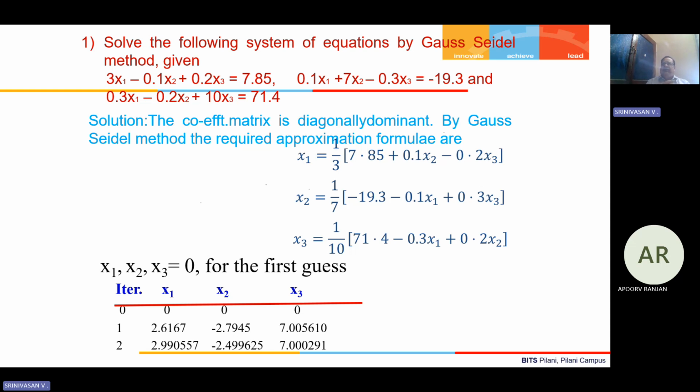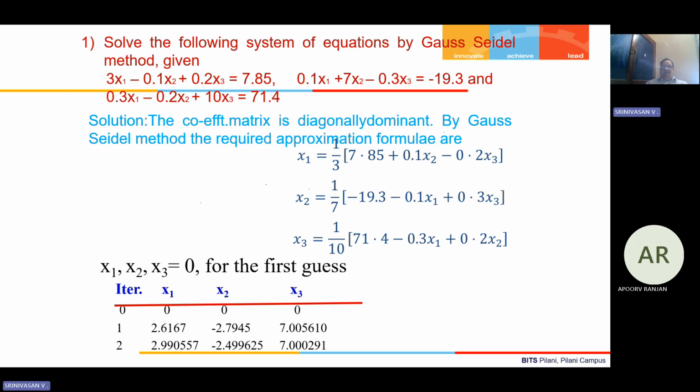It is just rewriting the given equations. x1 is equal to 1 by 3 into 7.85 plus 0.1 x2 minus 0.2 x3. x2 is equal to 1 by 7 into minus 19.3 minus 0.1 x1 plus 0.3 x3. And the last equation, x3 is equal to 1 by 10 into 71.4 minus 0.3 x1 plus 0.2 x2.